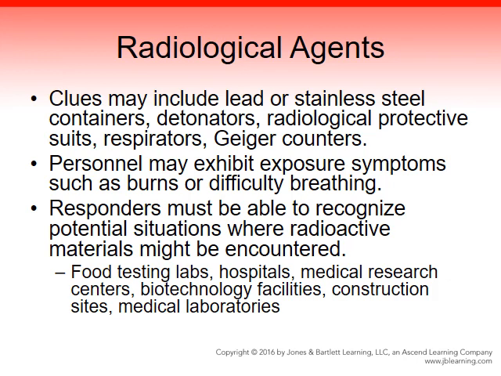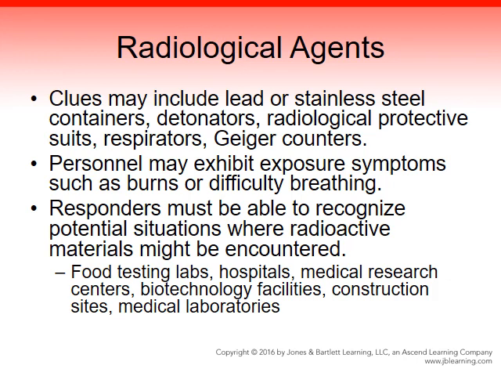So, clues may include, for radiological agents, lead or stainless steel containers, detonators, radiologic protective suits, respirators, and Geiger counters. Personnel may exhibit exposure symptoms such as burns or difficulty breathing.